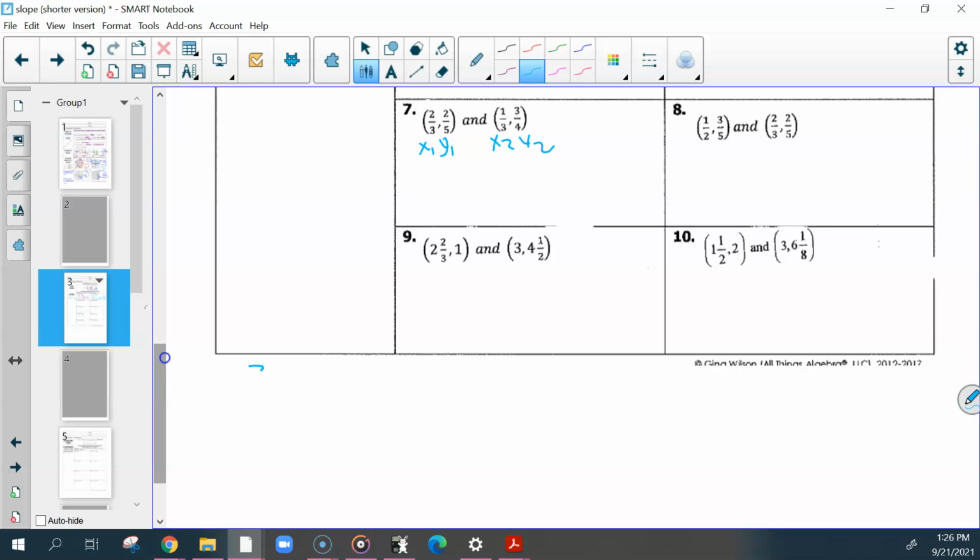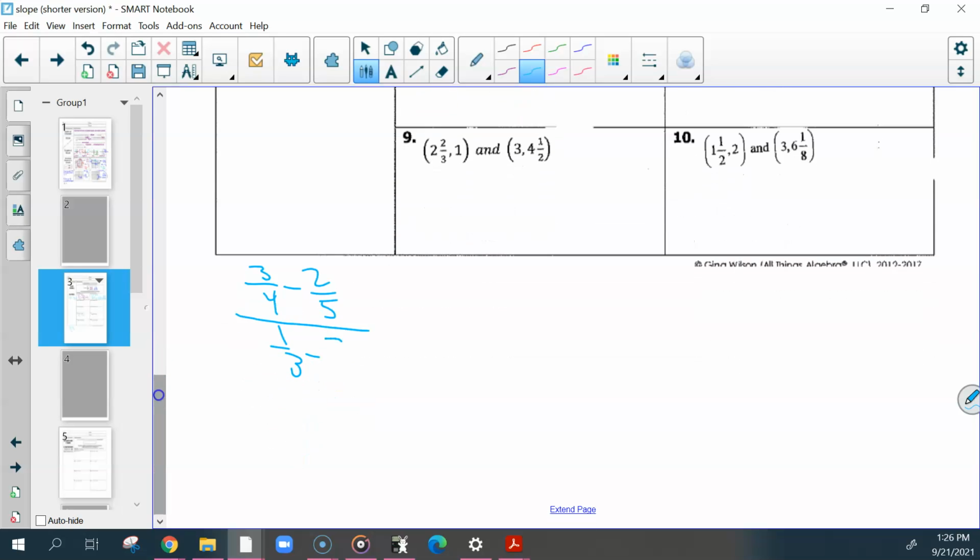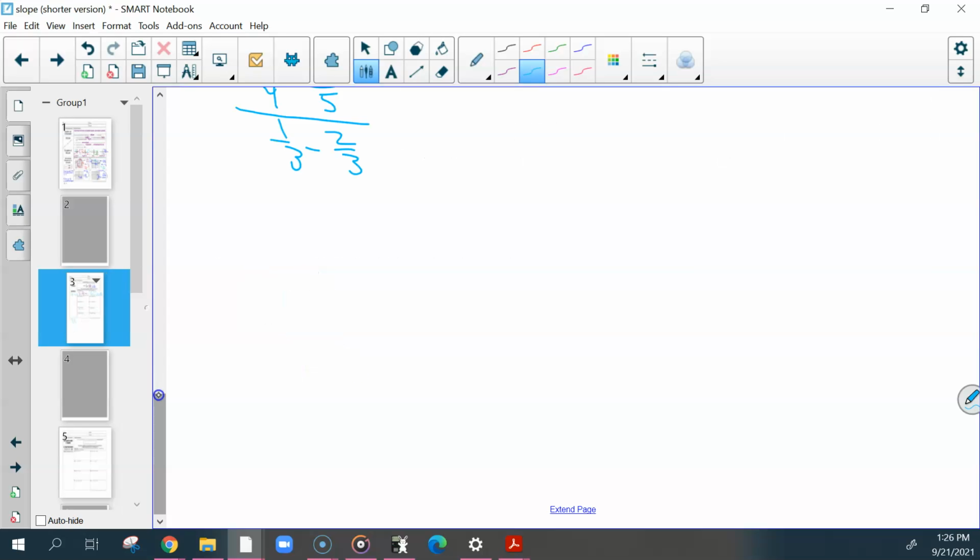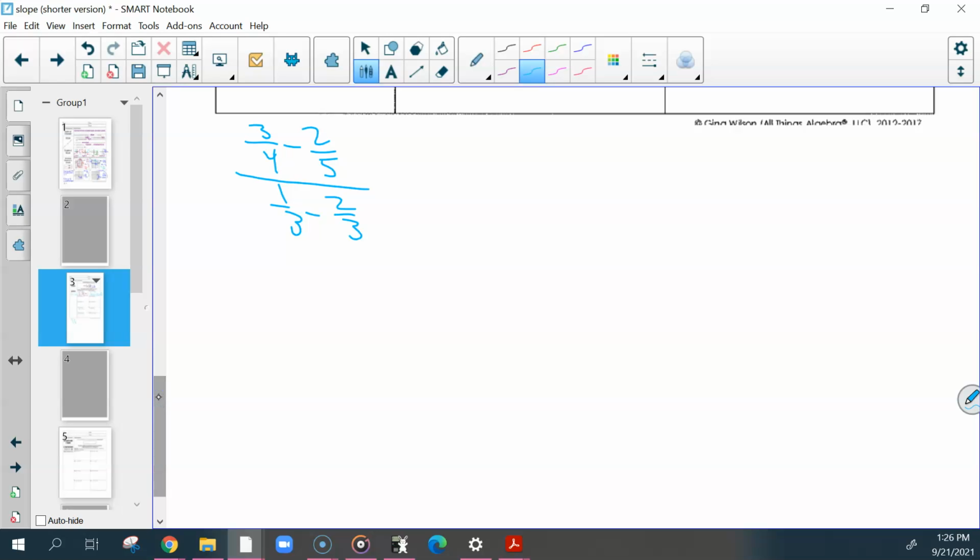So y2, 3/4, minus y1, 2/5, all over x2, 1/3, minus 2/3. So it looks something like this so far. -1.